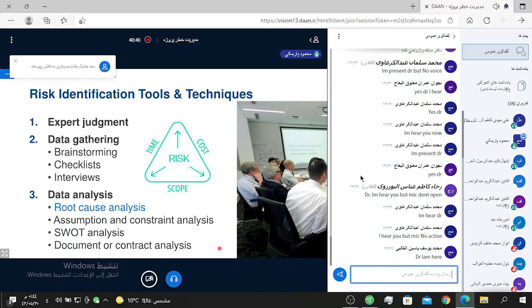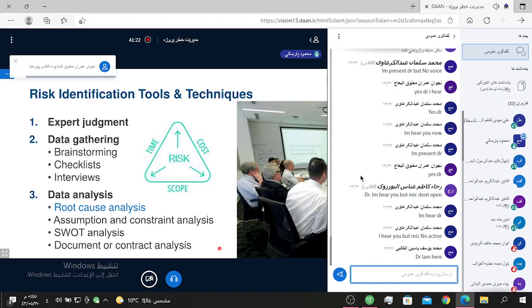So risk identification tools and techniques are, first, expert judgment. Next, data gathering, with methods such as brainstorming, checklists, and interviews. And the next technique is data analysis, such as root cause analysis. It's very important and useful.